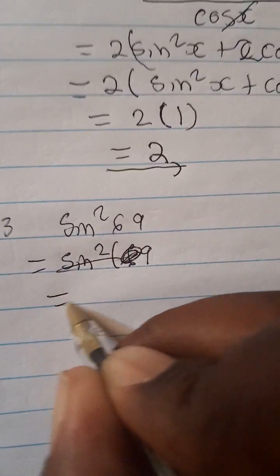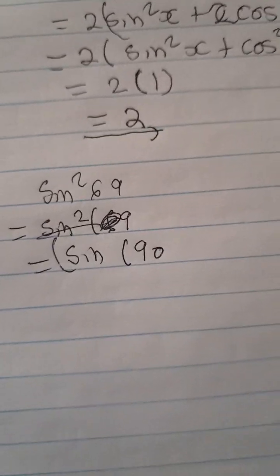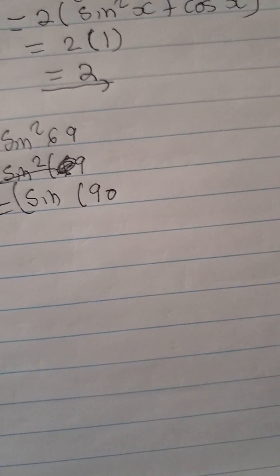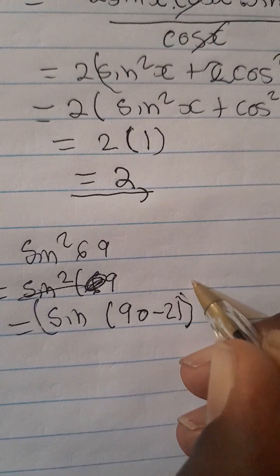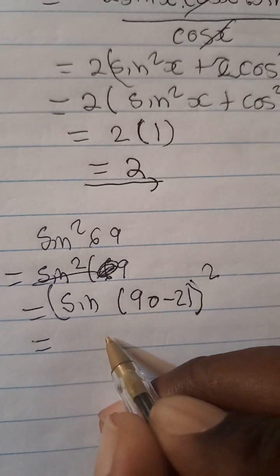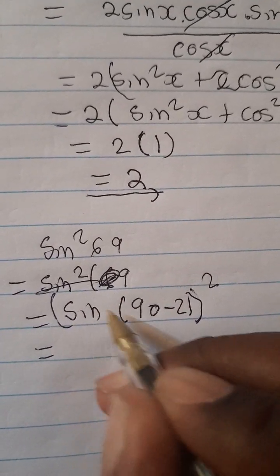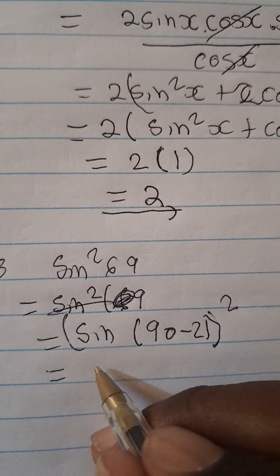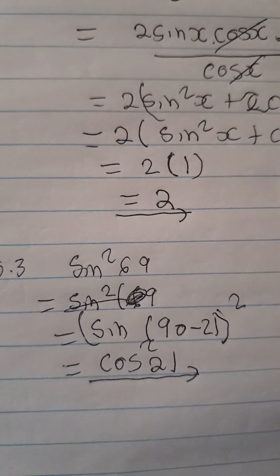Let's just say sine of 90 minus 21, squared. So what are we going to have? We know that 90 minus 21 will be 69. Because this is a co-function, it will change to cos. So we are going to have cos squared 21.